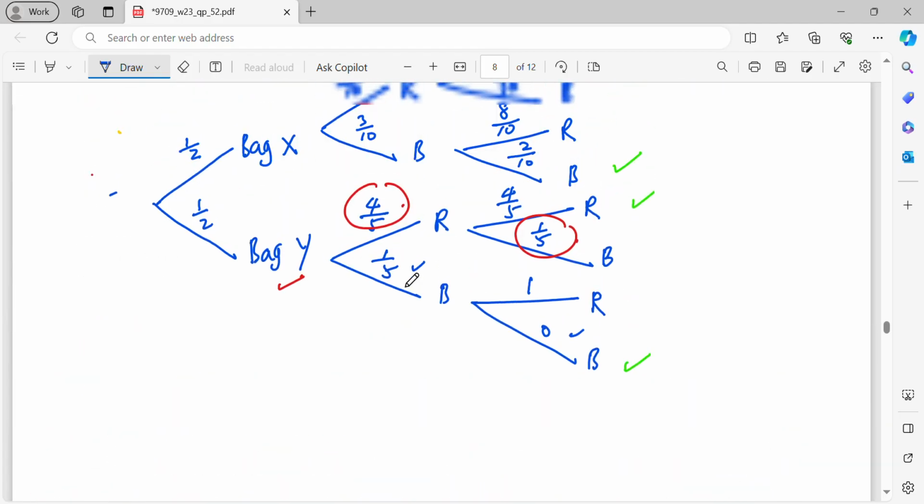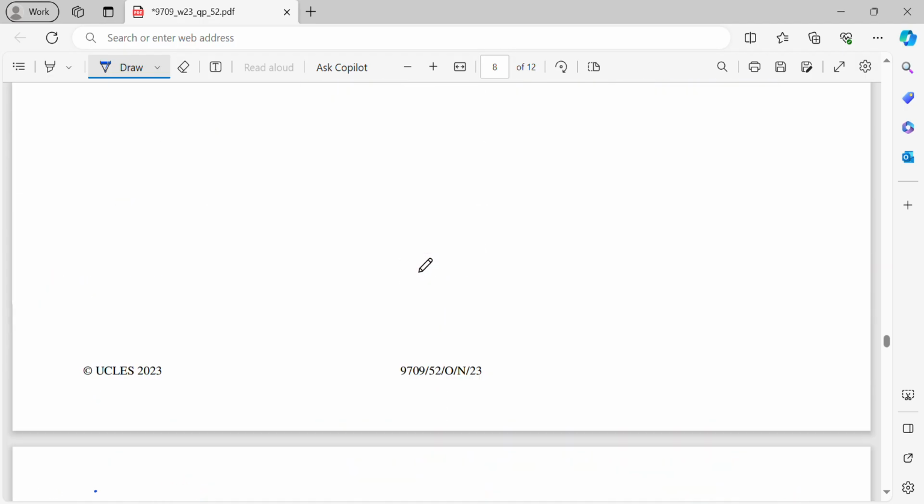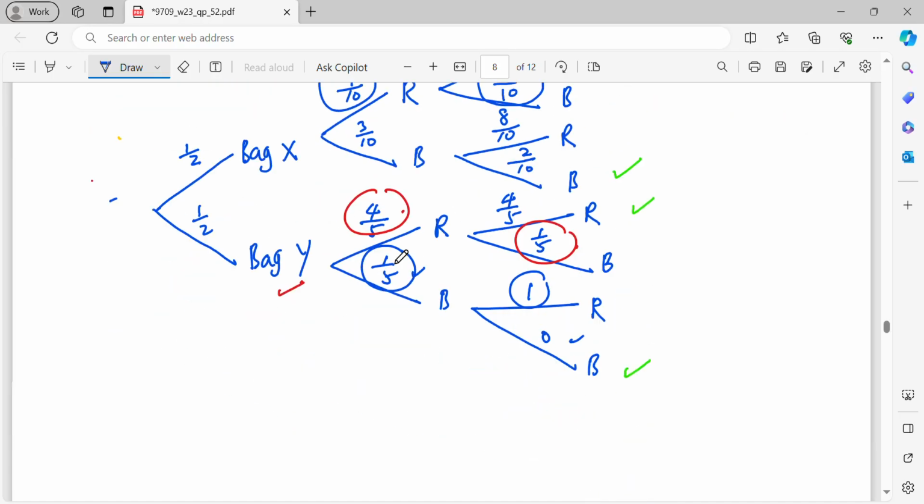So Y BR is 1 over 5 times 1. Okay, XRB, X is half. The RB, 7 over 10 times 3 over 10.